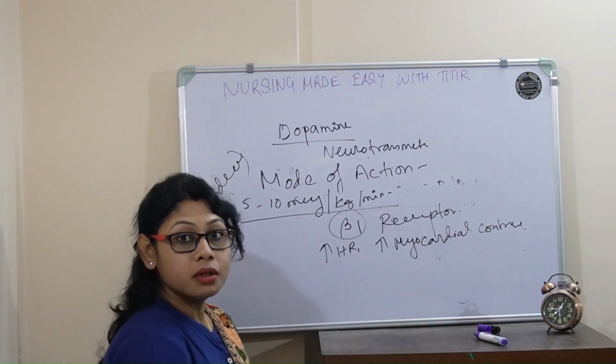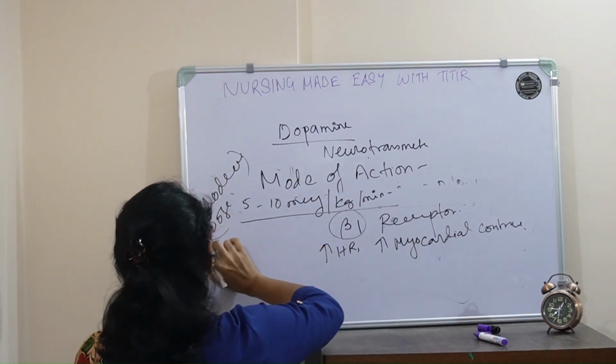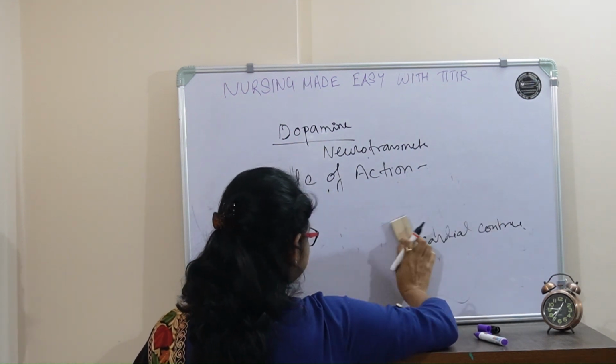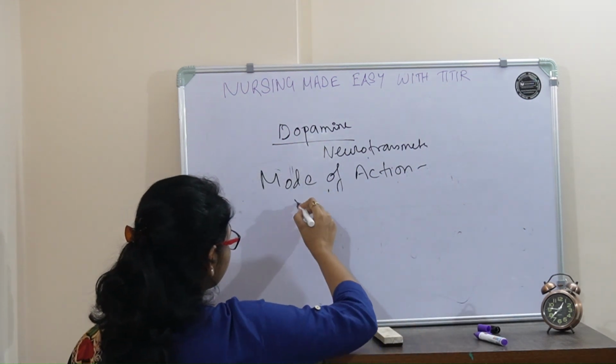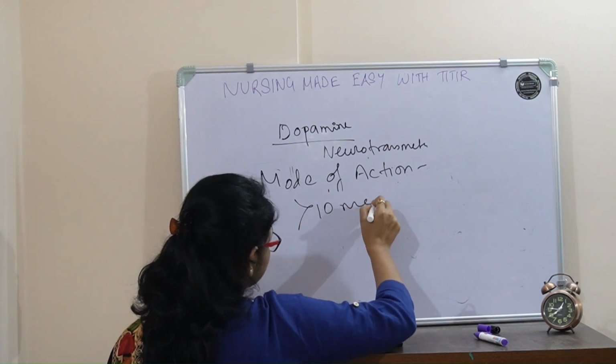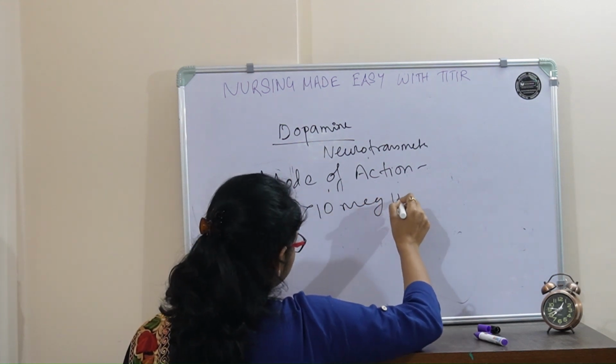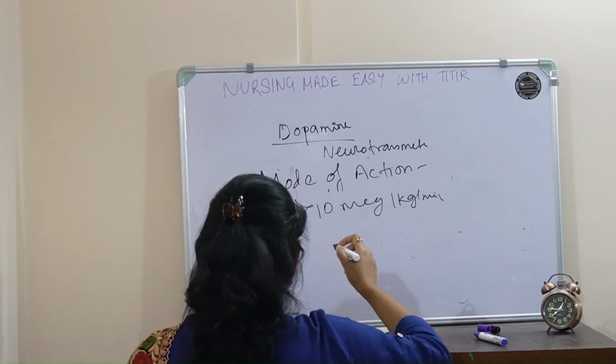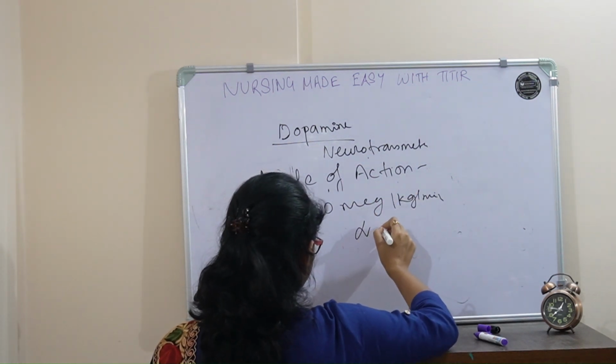Now come to the high dose. If we increase the dose to more than 10 mcg per kg per minute, there will be an effect on the alpha adrenergic receptor.